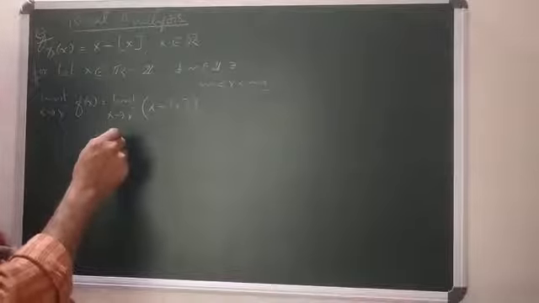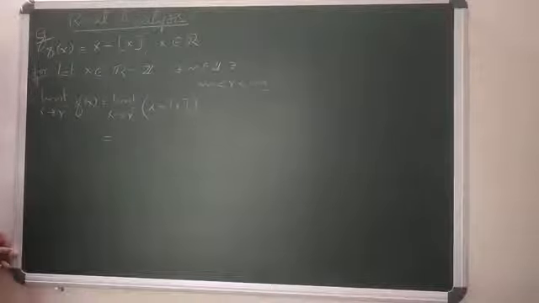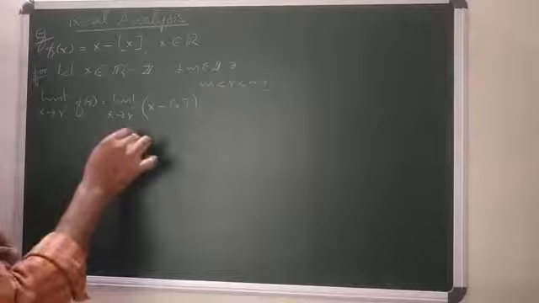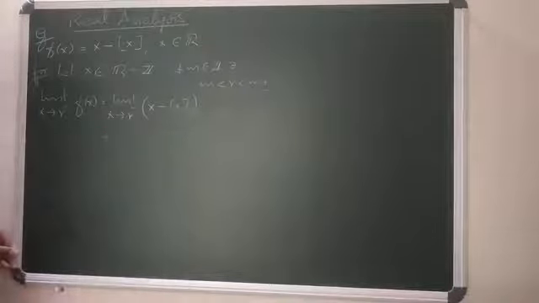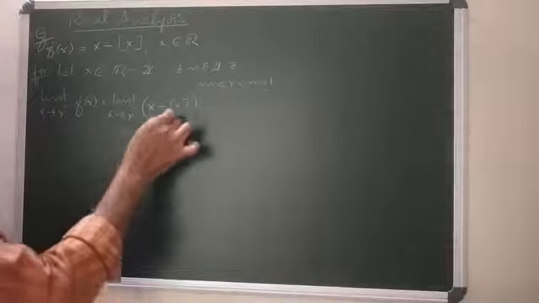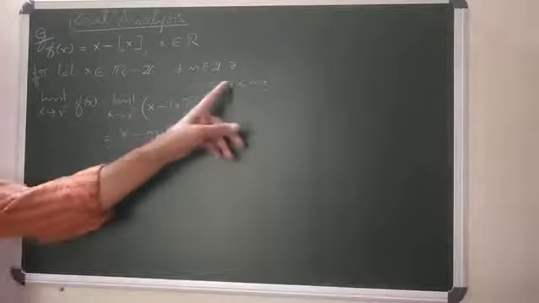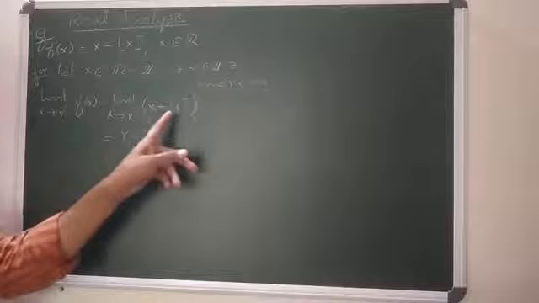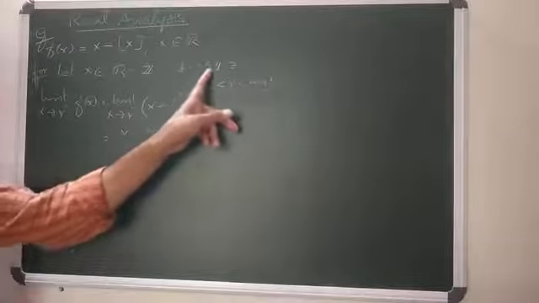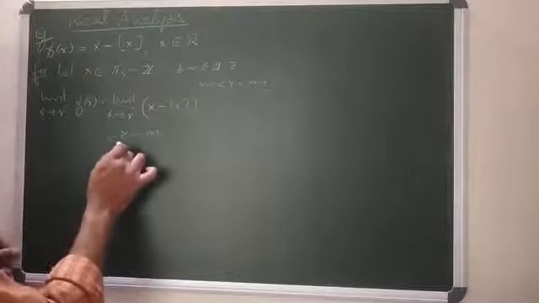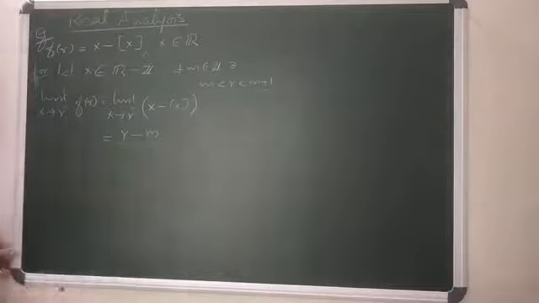So it is r minus, what is the greatest integer x? Here it is m. Why? Because x tends to r minus, so m is less than r, and its respective value is m itself. So the limit as x tends to r minus of f of x is r minus m.